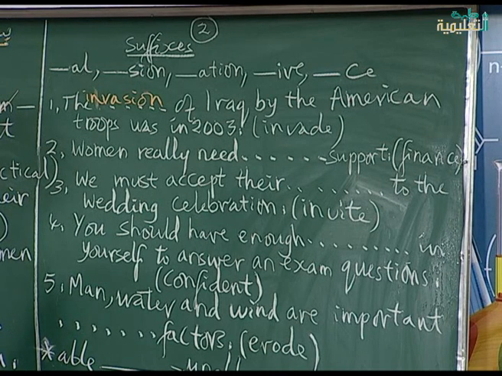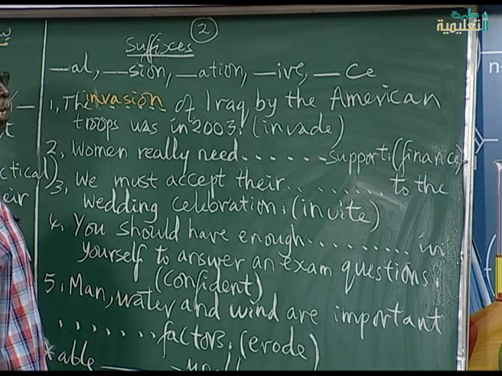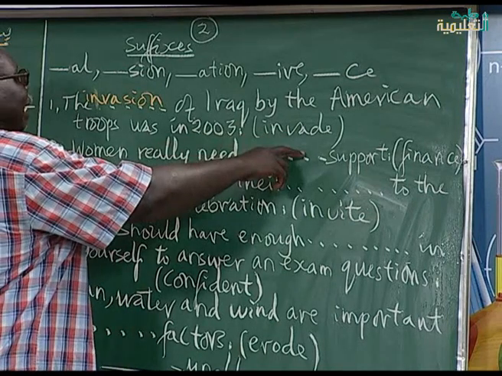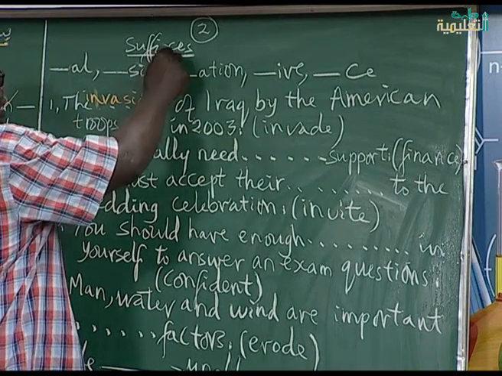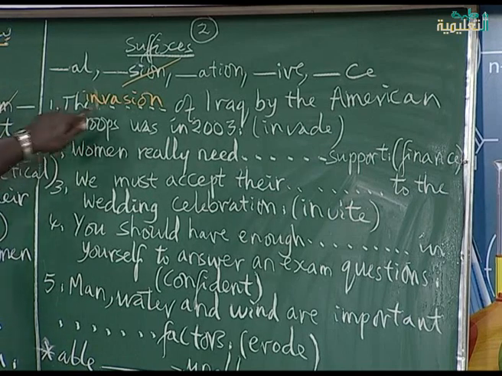We have said that if a verb ending in D or DE, D like extend, like expand, or DE like decide, like invade, like divide, what shall I do in this case? I'm going to drop the DE and then I add the suffix SION. So it is going to be invasion.